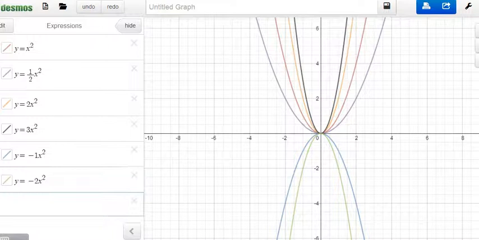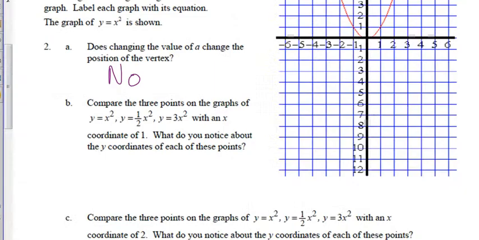So 1/2 x squared has a y value of 1/2. And 3x squared, which looks black, has a y value of 3. Interesting.